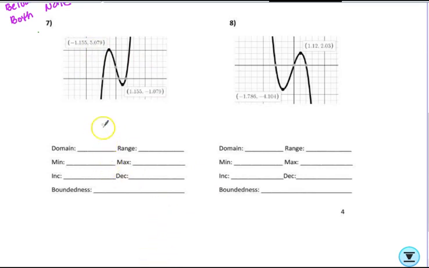Okay, for domain, this part of the graph continues all the way to negative infinity. This one goes all the way to positive. So we got negative infinity to infinity. You could say x is all reals. For range, the graph continues down and up, so the range is all real numbers. Or you could write y is all reals.